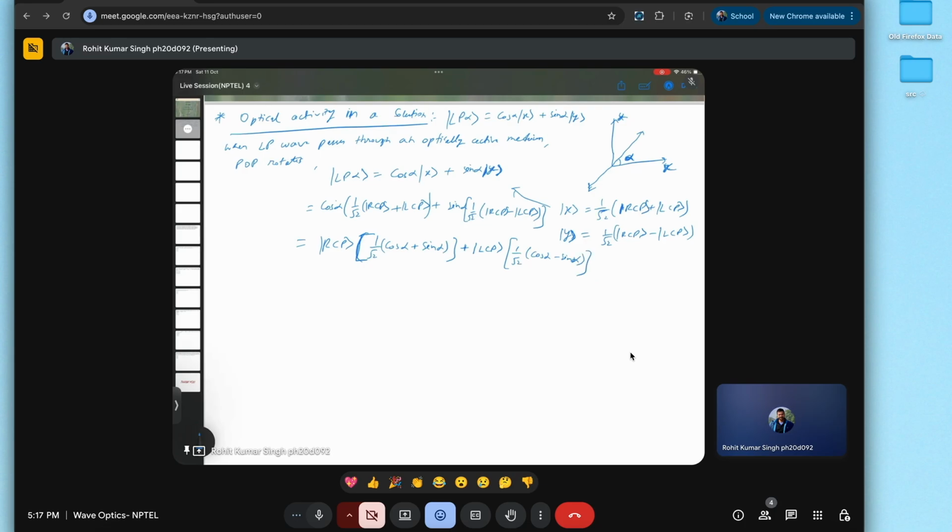So a linearly polarized wave is just a combination of right circularly and left circularly polarized waves.